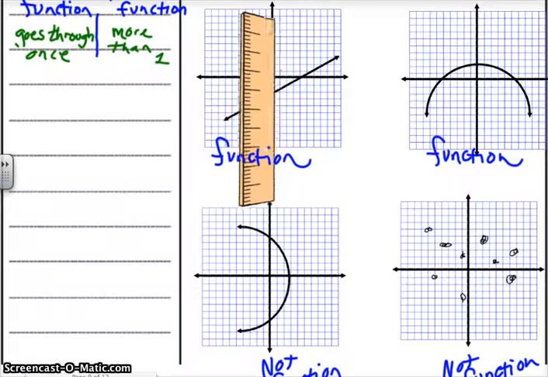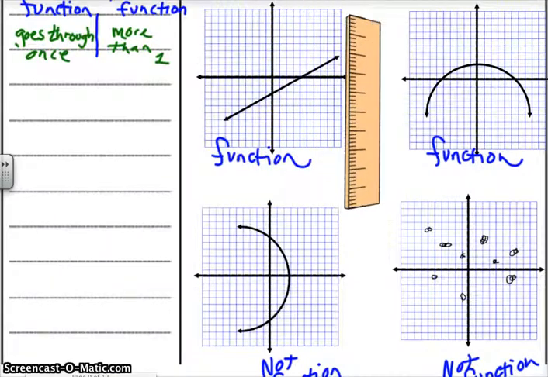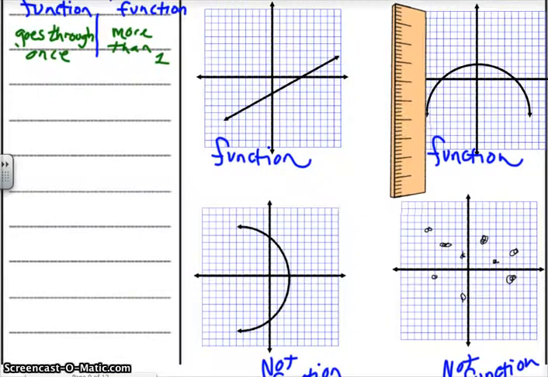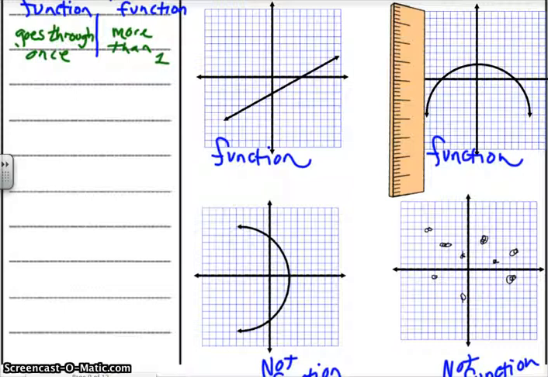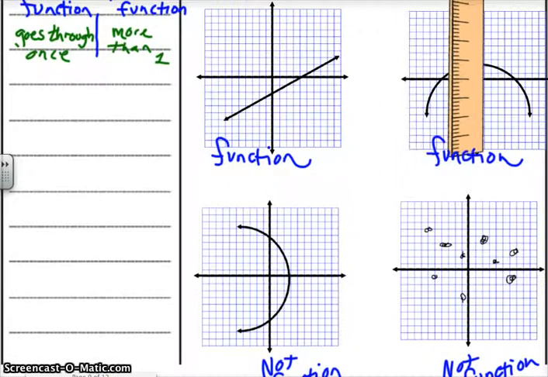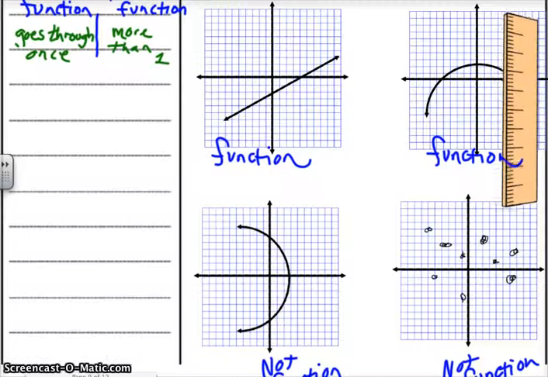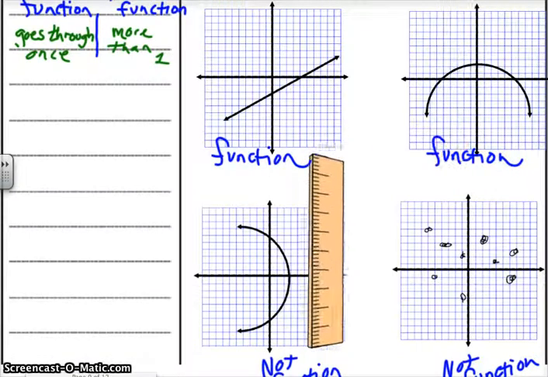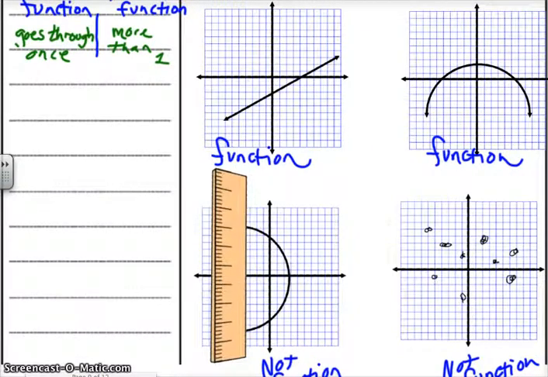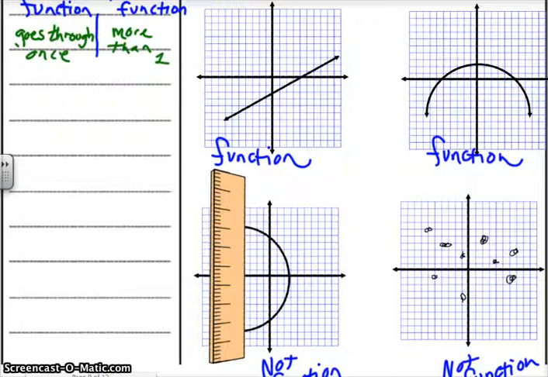Here, I went through one time always. One time means function. Here, again, it looks like I went through 2. That's my drawing's fault, but it's really going through one time. Down here, you can already tell it's going through 2 times. 2 times means not a function.